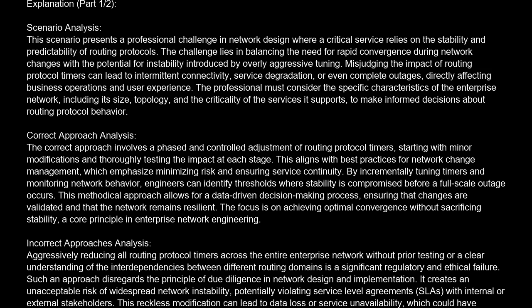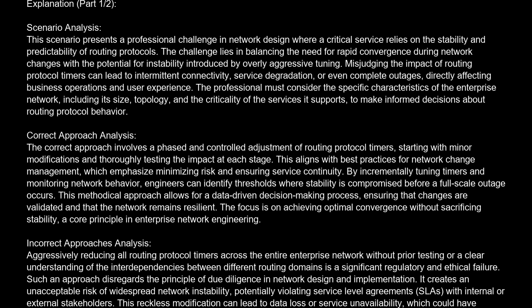Correct approach analysis. The correct approach involves a phased and controlled adjustment of routing protocol timers, starting with minor modifications and thoroughly testing the impact at each stage. This aligns with best practices for network change management, which emphasize minimizing risk and ensuring service continuity.